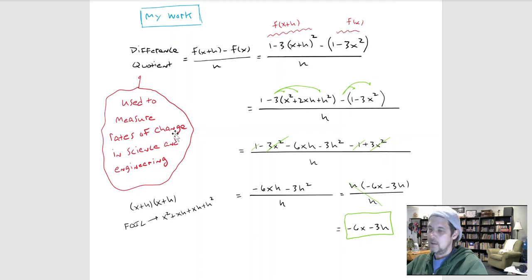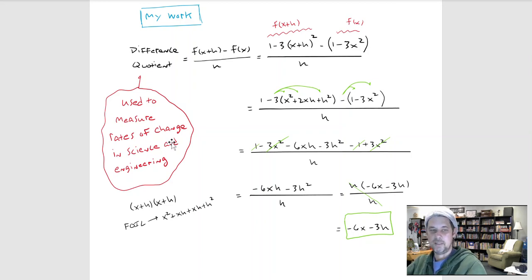In the physical world, everything is changing, but things are also all connected together. So change in one thing almost always causes change somewhere else. And when two things change together, we say there's a rate of change between them. So much of science and engineering is based on a rate of change.